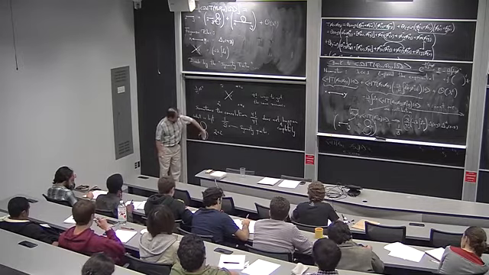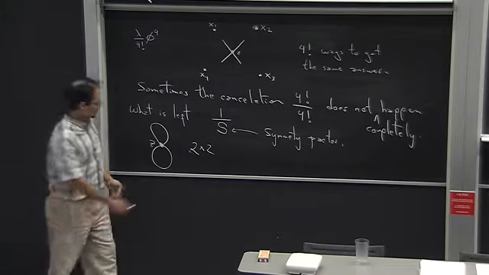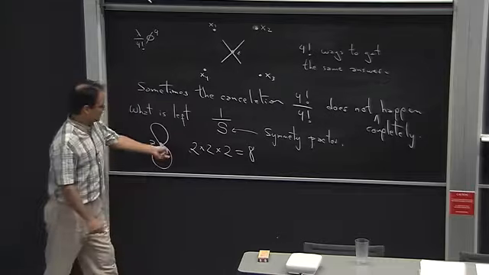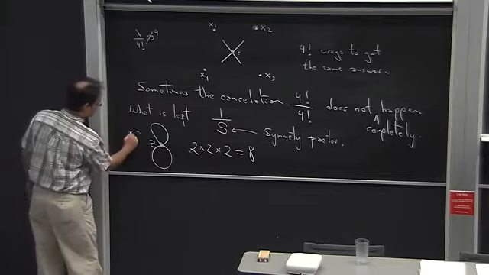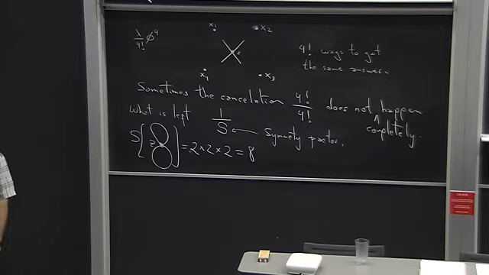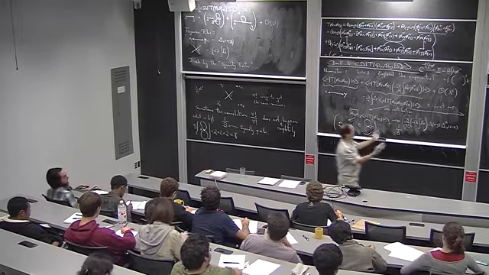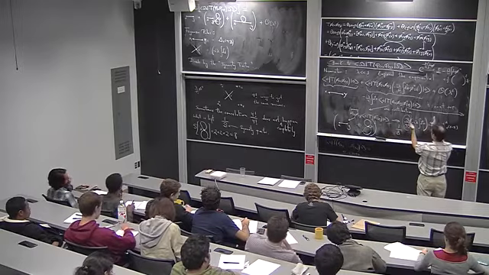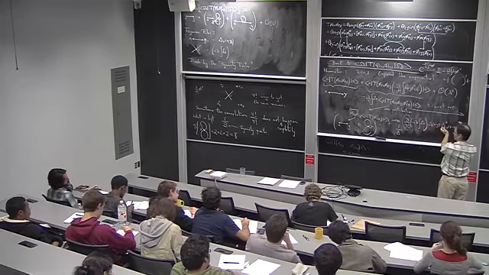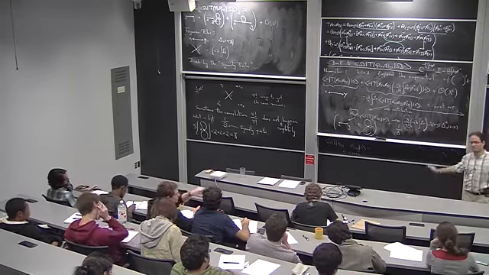And if I send this up and this down, I get the same diagram again, so you get another factor of 2. So the symmetry factor of this diagram happens to be 8. That's the rule. Applying my Feynman rules, I have this for the interaction vertex, 1 propagator, 2 propagators, and the symmetry factor. And I'm done, right?